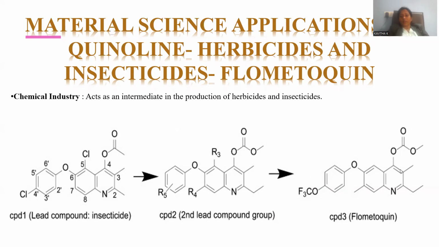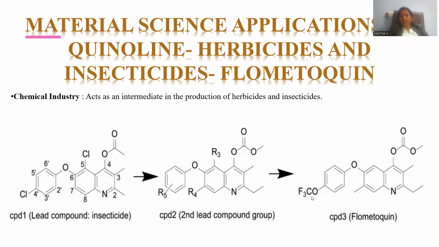Flumetoquine is composed of the quinoline with methyl functionality over positions 3 and 7, and ethyl functionality over position 2. And here we have a kind of diether ketone, and here is the ether linkage, and here trifluoro, CF3. CF3 is nothing but trifluoromethyl ether.